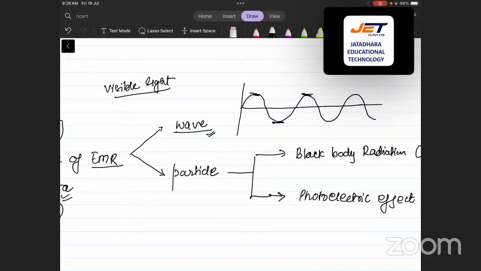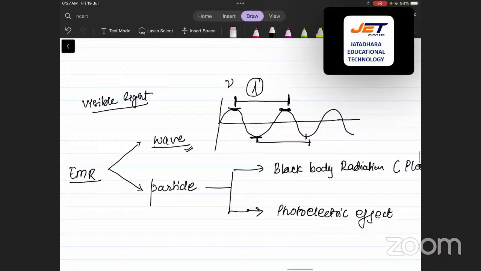The distance between two consecutive same points. So from one crest to the other crest, that is the wavelength of the wave, right? And then we learned about the frequency, which was denoted by nu, and also we learned about the wave number.